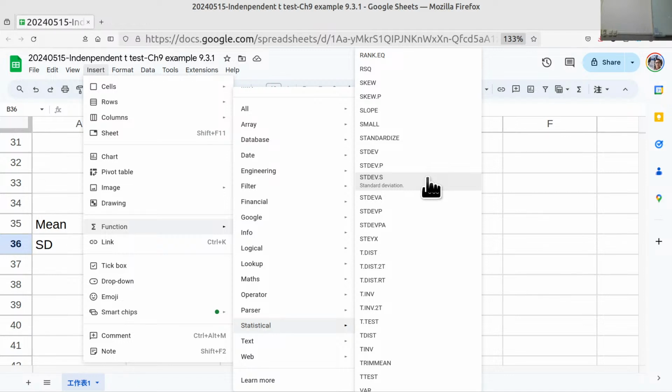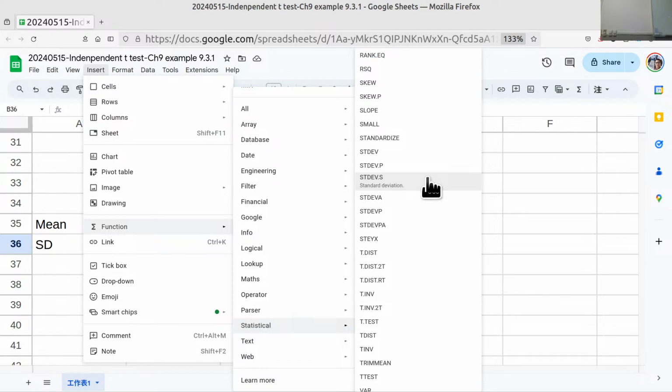And if it's a population, you don't need to -1, you just use n. In a big frame, you cannot observe the difference when your sample number is very big, but you need to have the correct concept.